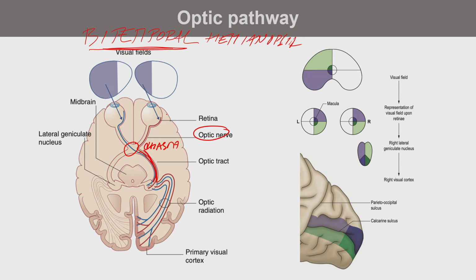And still here we have the axon of the ganglional cell. And the relay is in the lateral geniculate nucleus. The lateral geniculate nucleus is relaying the optic information.